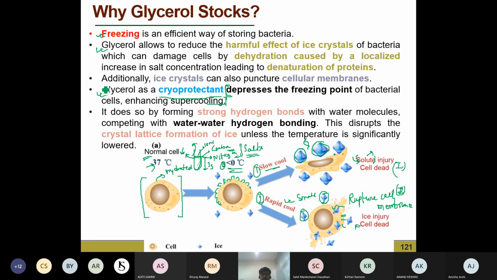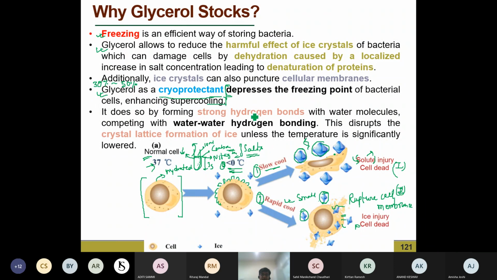By adding glycerol, we ideally add at 30%, and we can go to a maximum of 50% concentration depending upon the type of microbes, and that decreases the overall freezing point. Because of that, the formation of these crystals is reduced, and that prevents rupturing of the cell membrane.